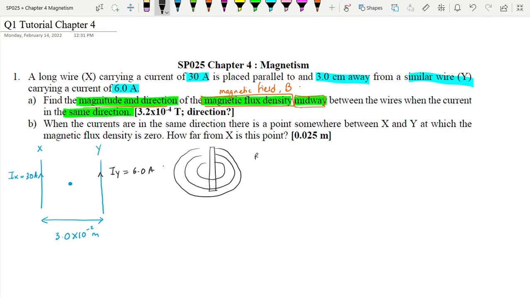If you still remember the right hand grip rule, we have the thumb and four fingers. Your thumb should point in the direction of current flow. In this case, current flow is upwards, so that is your thumb. The rest of the fingers will point anti-clockwise. The anti-clockwise direction shows the direction of the magnetic field.